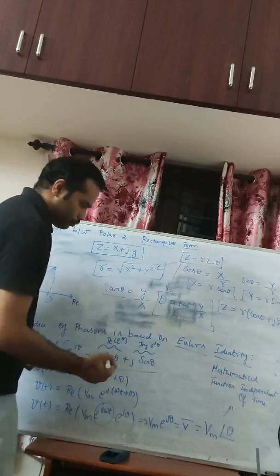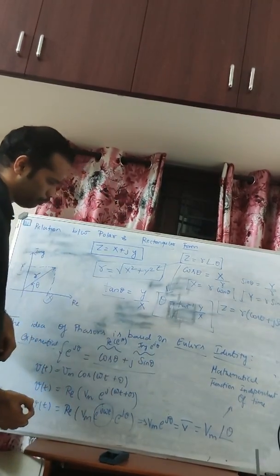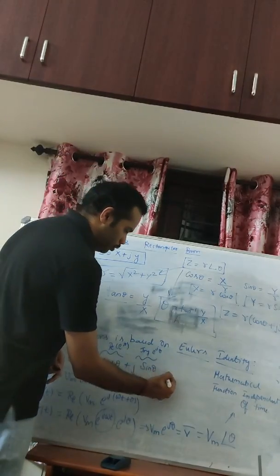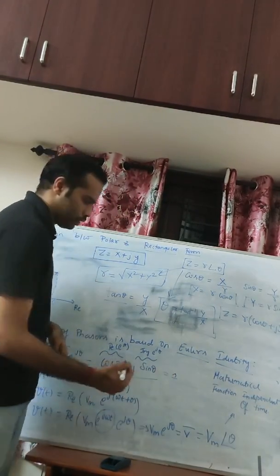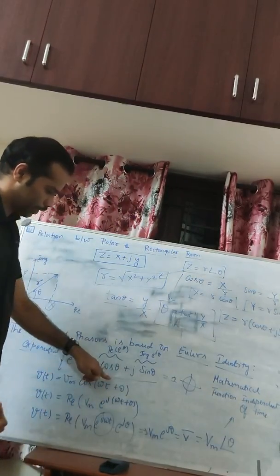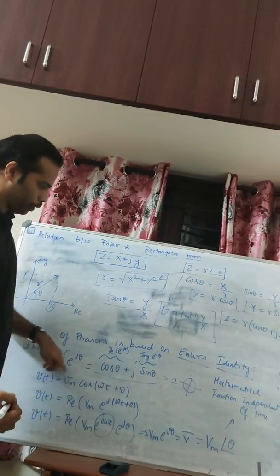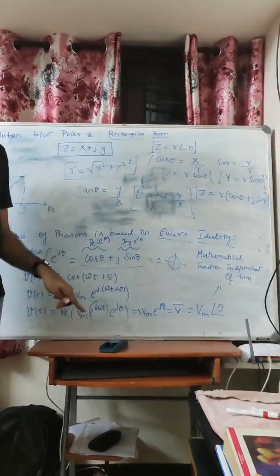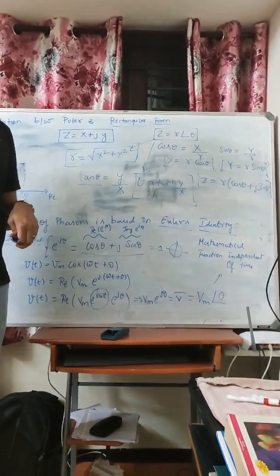So as you know, whenever you are trying to compute its magnitude, cos square theta plus sin square theta is actually leading to the value 1, which represents that it is a unit circle. So the exponential form representation in Euler's identity is a rotation. So it is representing the unit circle.